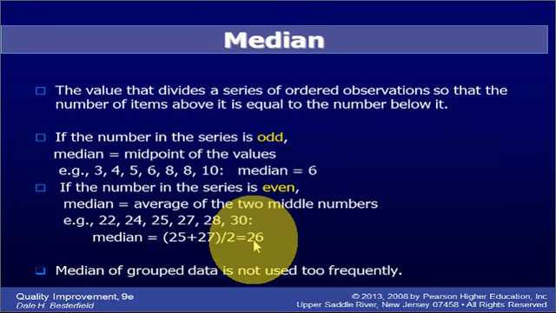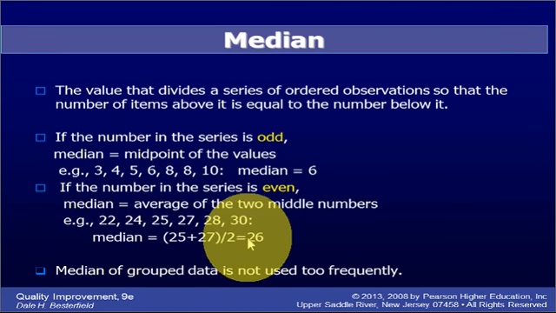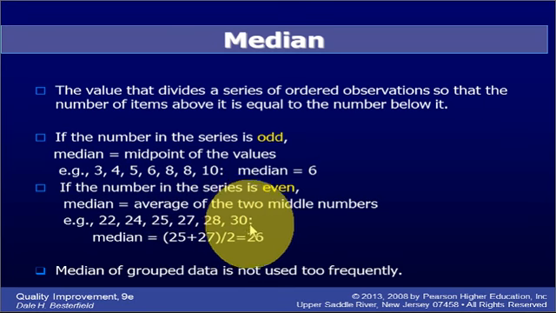As you can see, there are 3 numbers below 26 in this series: 22, 24, 25. And there are 3 numbers above 26: 27, 28, and 30. Therefore, 26 is the value that divides this series of ordered observations so that the number above it and the number below it are equal.